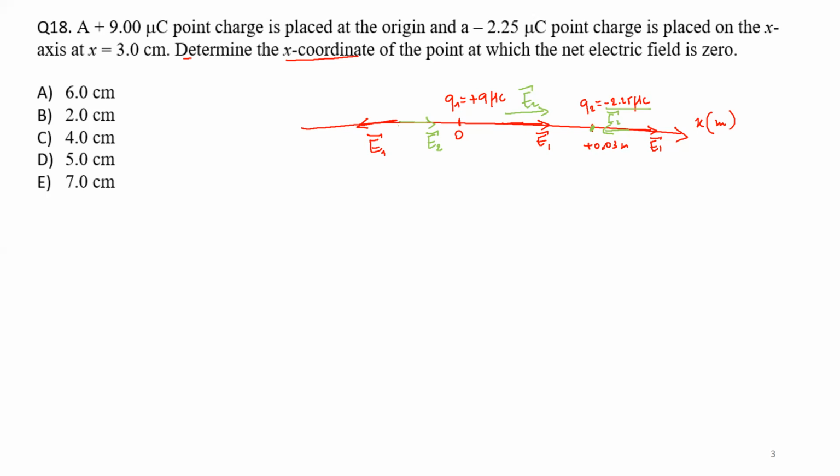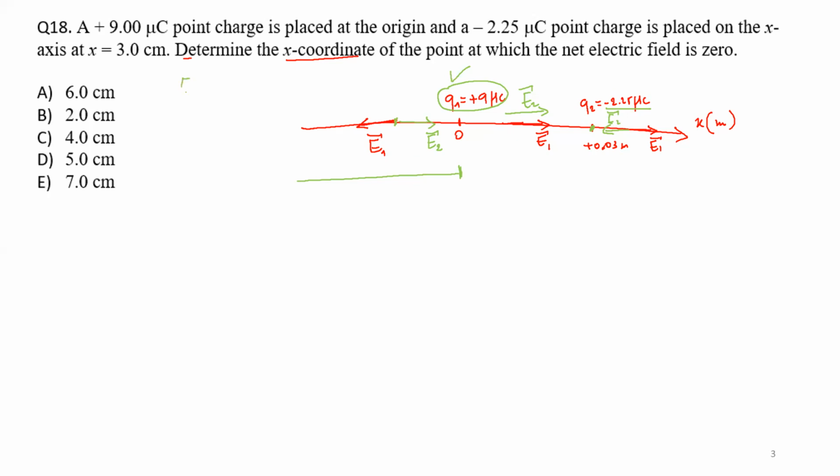So when I'm in this part of the graph, what do you notice? I have both E1 and E2 in opposite directions. But you see, Q1 has a larger magnitude than Q2. So basically in this part, E1 will always be bigger than E2. Why? Because the charge is larger and also the distance is smaller.